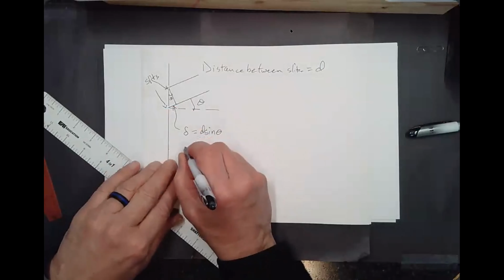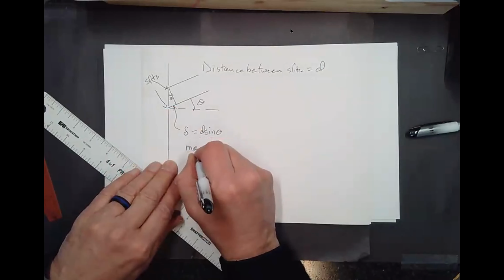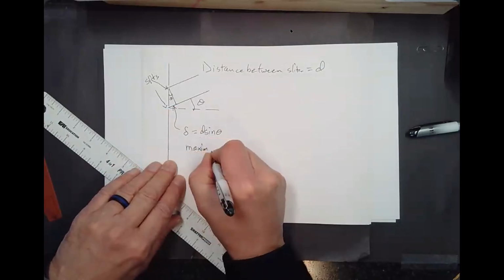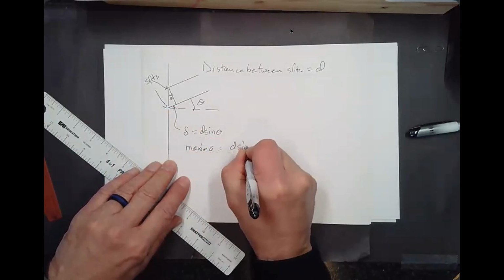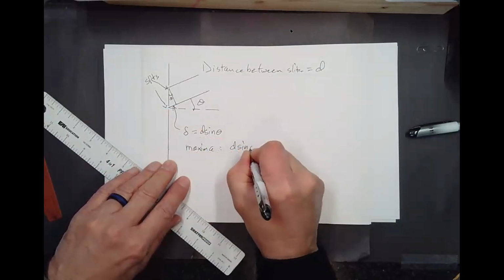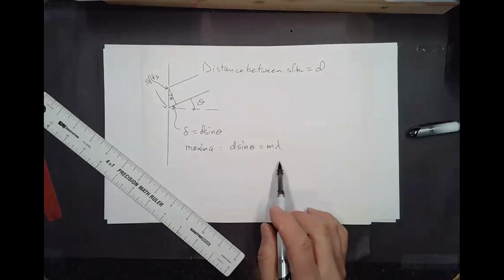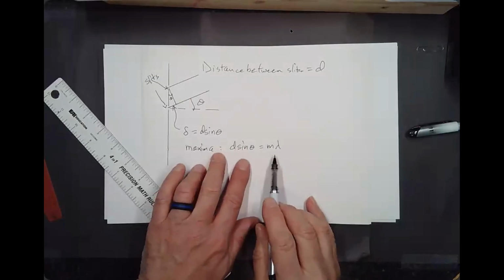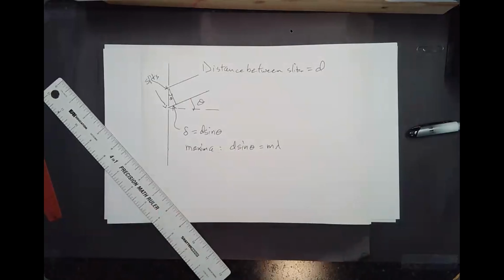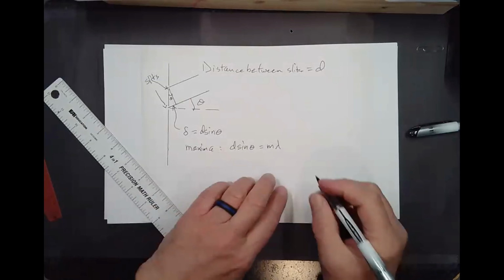But the condition for maxima is that d sine theta is equal to m lambda. And so anytime you've got an integer number of wavelengths for the path length difference, things fit together very nicely again, and that's when you get maxima.